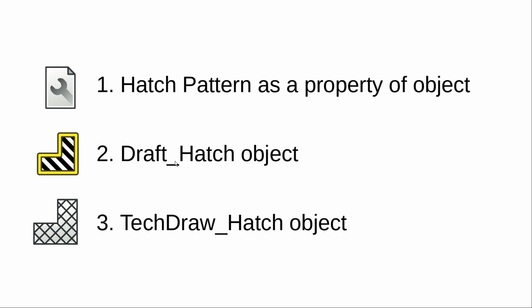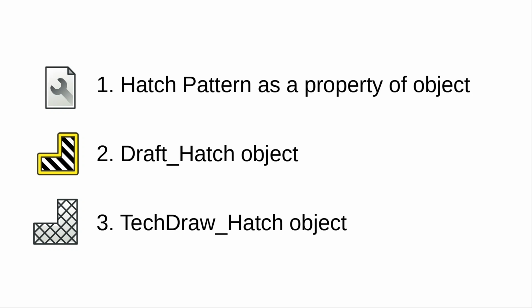So these are the three options how to create hatches in FreeCAD. And I'm not talking about the 3D hatches, which are automatically created when you cut a 3D object. These are 2D hatches, but they can also work with 3D drawing. So the first one is hatch pattern as a property of an object.